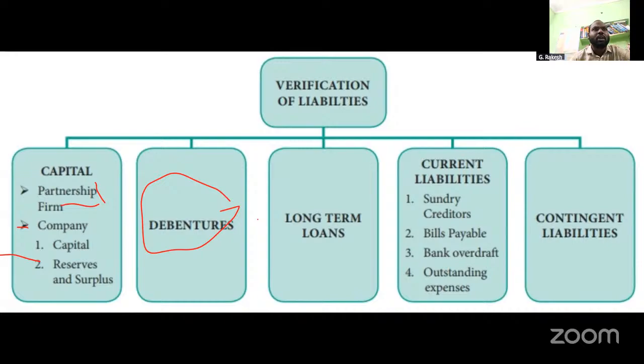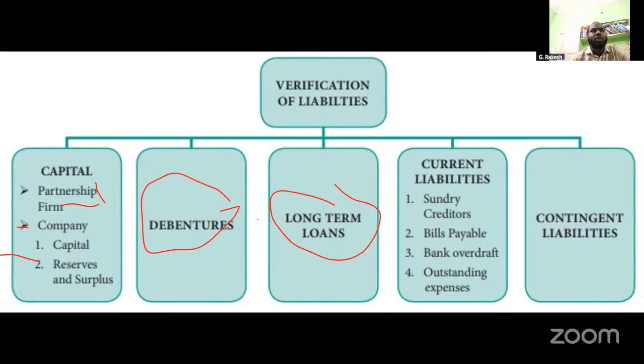Next, how is the auditor going to verify the long-term liabilities, that is, long-term loans?